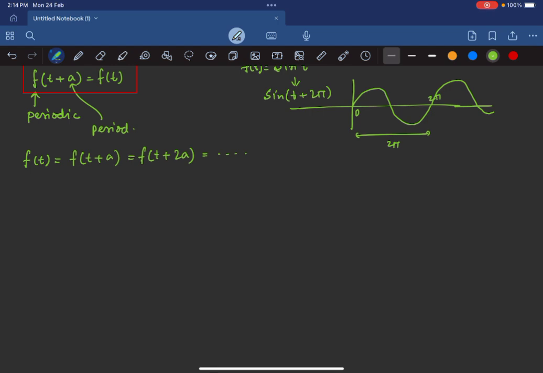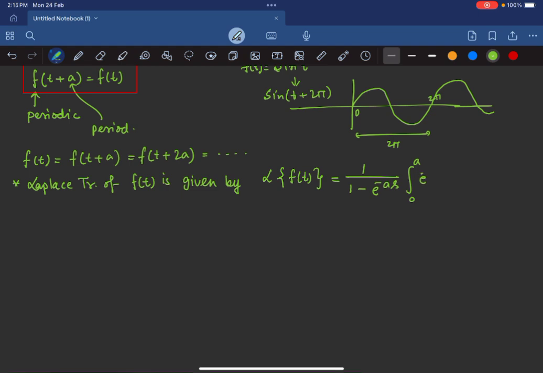Now if we want to find the Laplace transform of a periodic function, we have the result: the Laplace transform of f t, where f t is a periodic function, is 1 by 1 minus e power minus a s, times the integral from 0 to a of e power minus s t f of t dt.